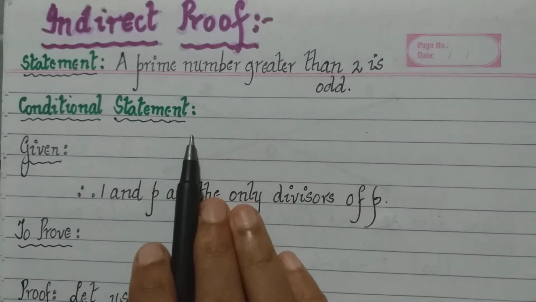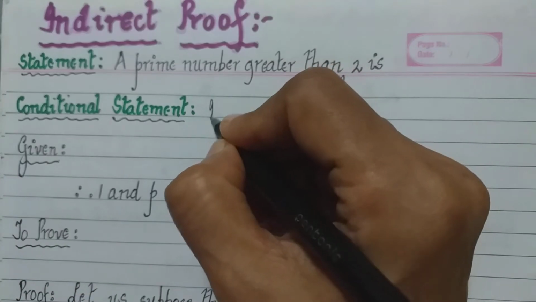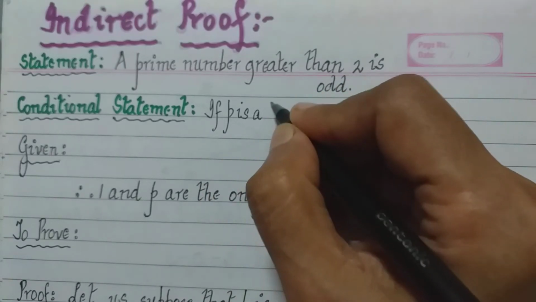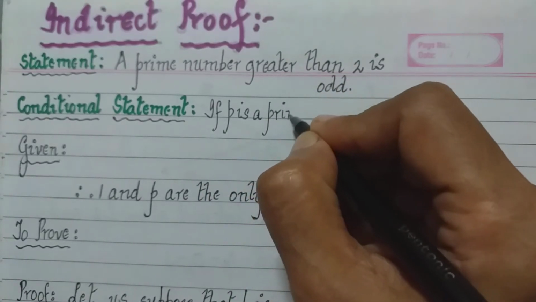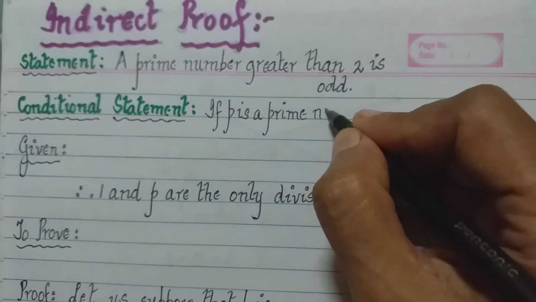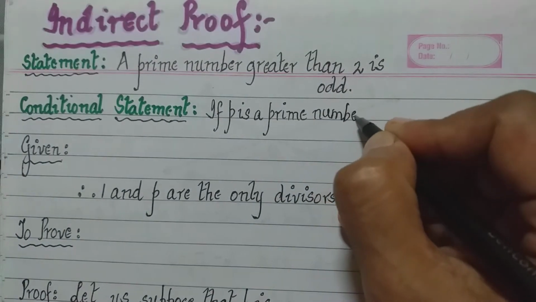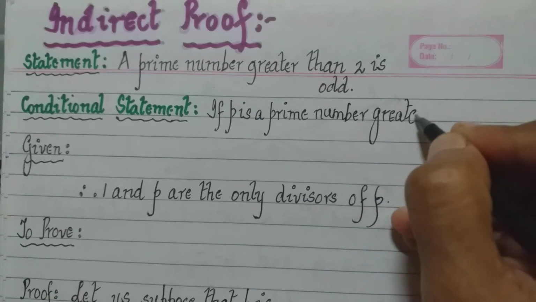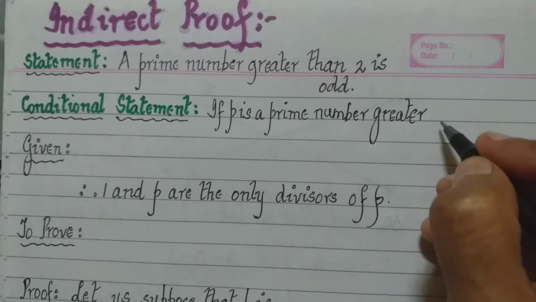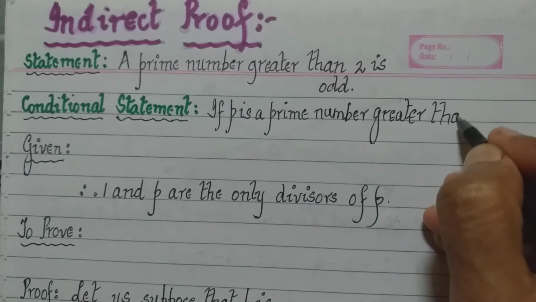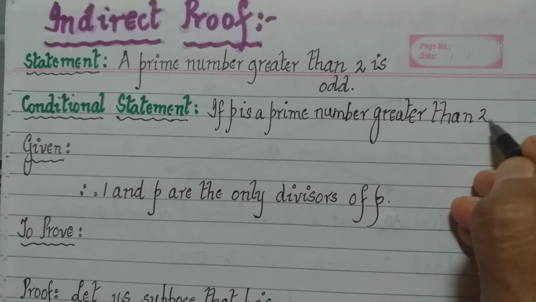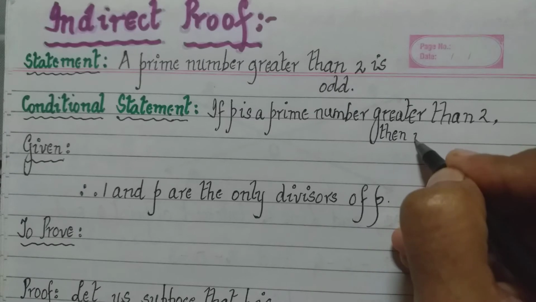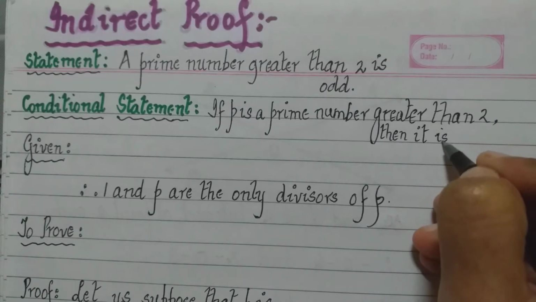I'll write the conditional statement: if P is a prime number greater than 2, then it is odd.